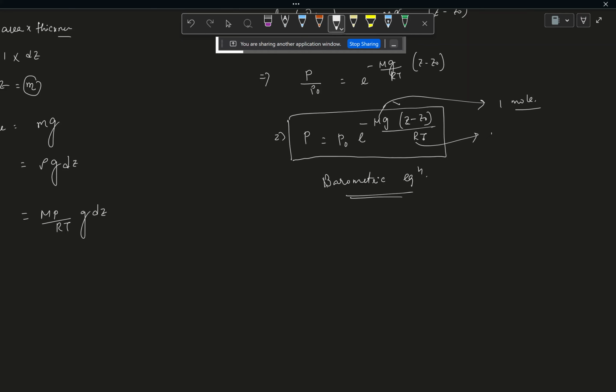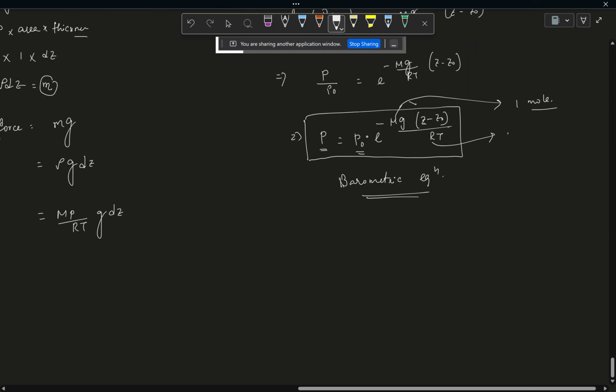If the quantity is not 1 mole, then you have to convert it accordingly. Pressure at the initial position is P naught, the base level, and at a certain height you can calculate the pressure using this expression as P. You can see there is an exponential decrease as you go towards higher z, so the total pressure will exponentially decrease as you go up, because it is e to the power minus, right?